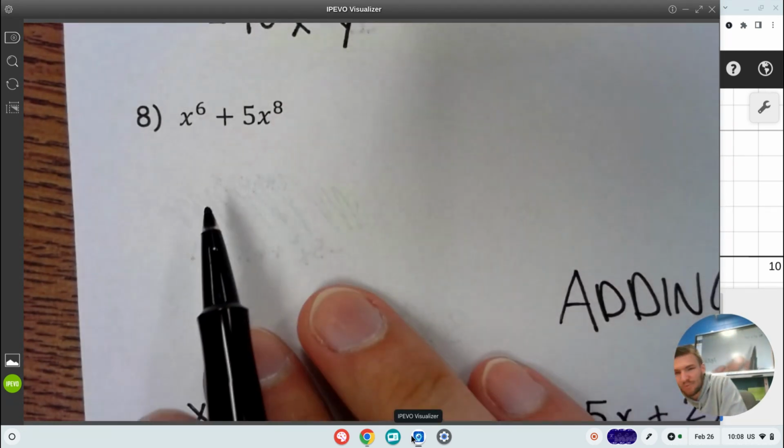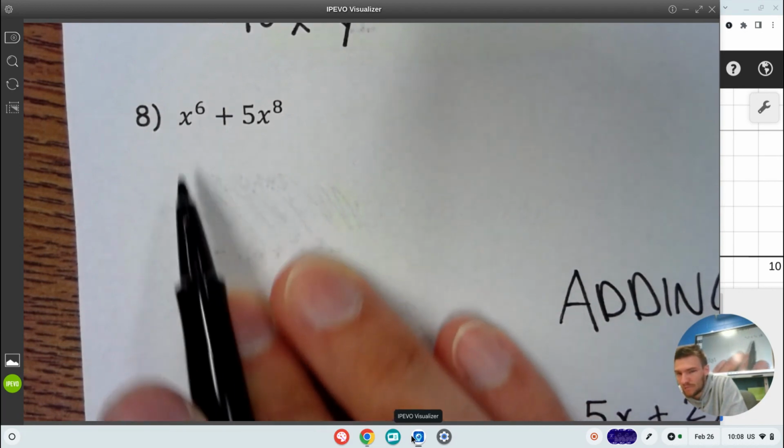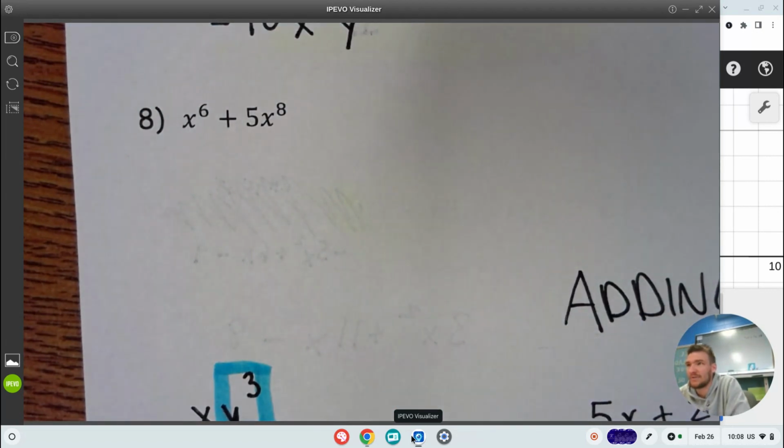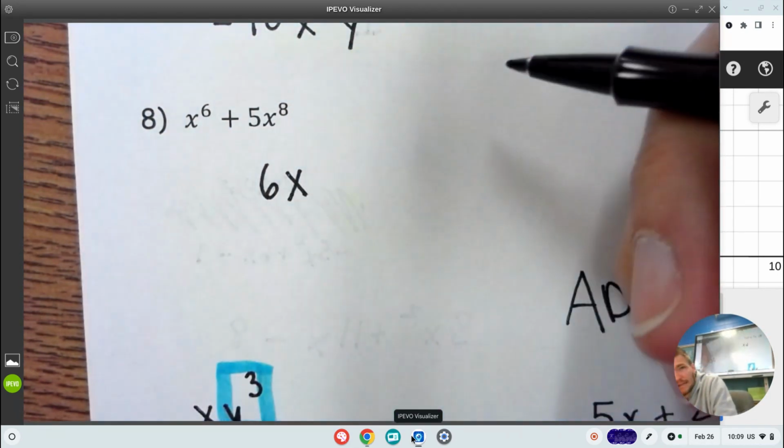If we look at number 8, what are we going to do here for number 8? Anybody got any ideas what's going on for number 8? It's going to be what? You said 6x like that?